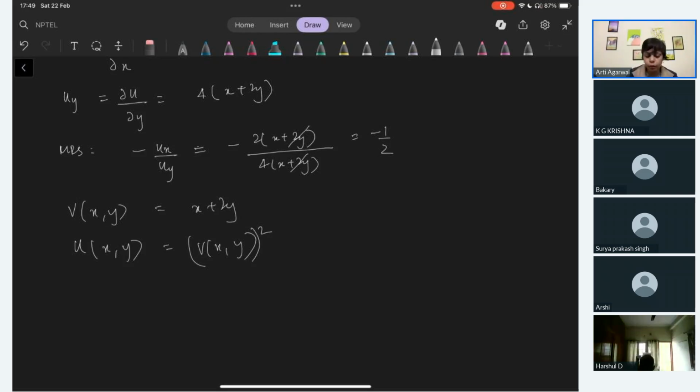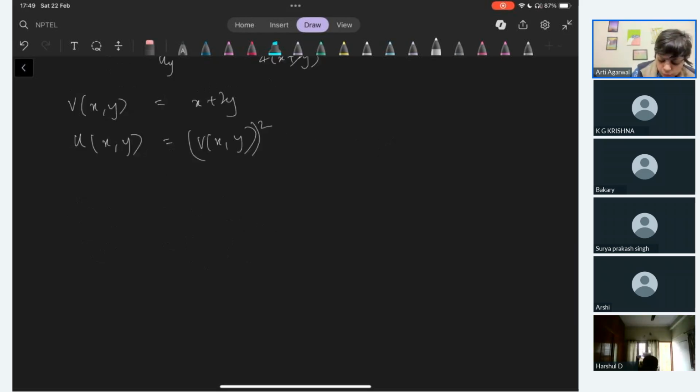But if you want to do the maths, we can do it something like this: v(x comma y), say, is equal to k. If I subtract epsilon from x, then how do we get back the same function? y plus half epsilon. Let's rewrite it like this: epsilon by 2.